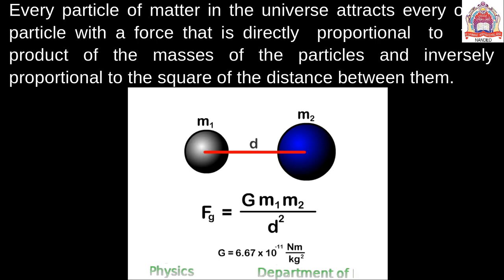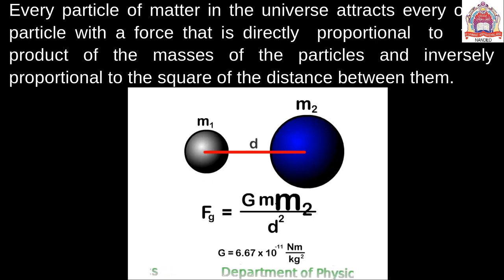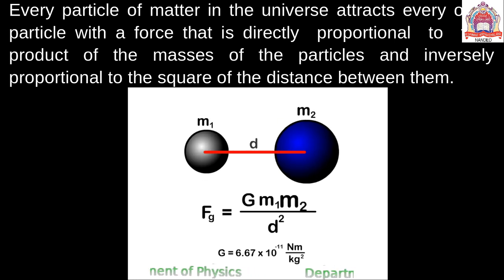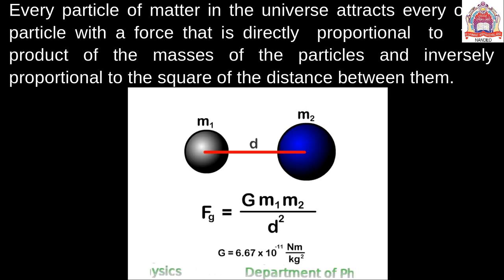We now broaden our study and consider gravitation in a more general manner through the law of gravitation given by Newton in 1687. As per Newton's law of gravitation, every particle of matter in the universe attracts every other particle with a force that is directly proportional to the product of the masses of the particles and inversely proportional to the square of the distance between them.